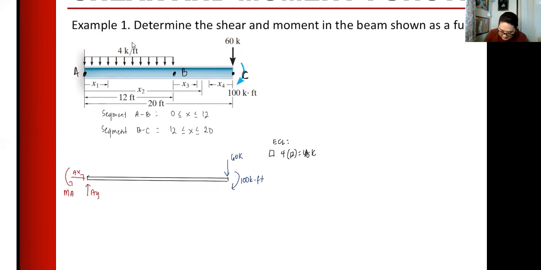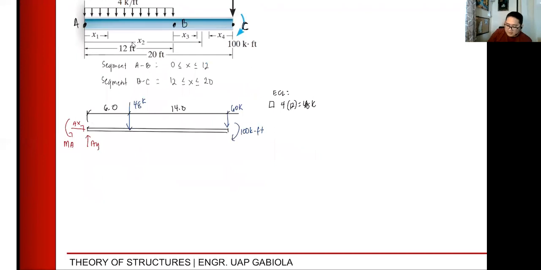Okay? So, 48 kips na ang distance niya, consider na natin dito. So, ito yung half nung 12. So, 6.0. Then, yung total natin is 20. So, definitely, this length will be equals to 14.0.